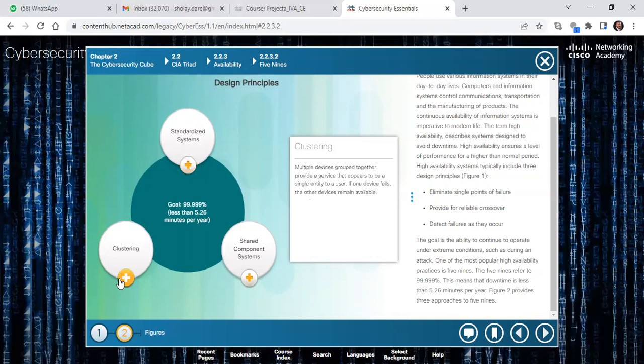Clustering is multiple devices grouped together that provide a service that appears to be a single entity to a user. So if one device fails, the other devices remain available. Then we have shared components systems. Systems are built so that a backup system can totally replace one that failed.